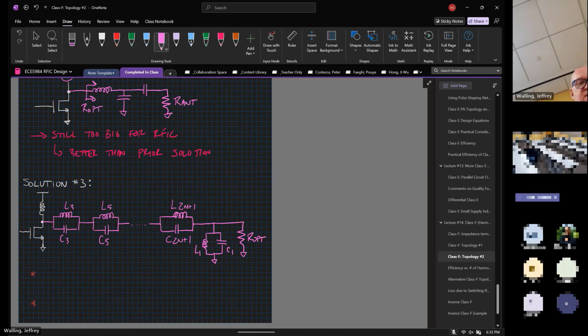And then I have essentially a short circuit through either the inductor or the capacitor, L1 or C1, depending upon what harmonic I'm operating at. So here I've managed to do the same thing. I have a network that will synthesize high impedances and low impedances.